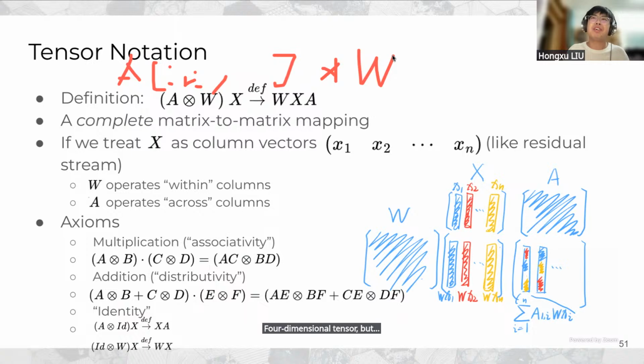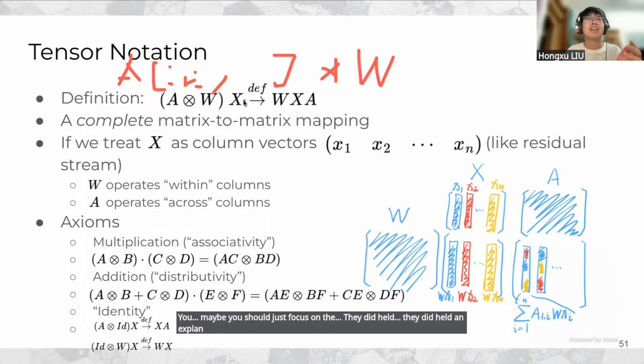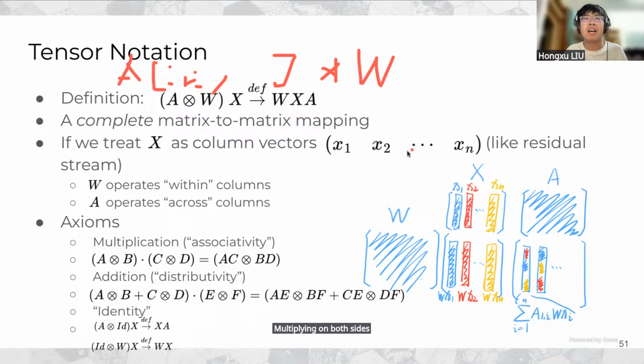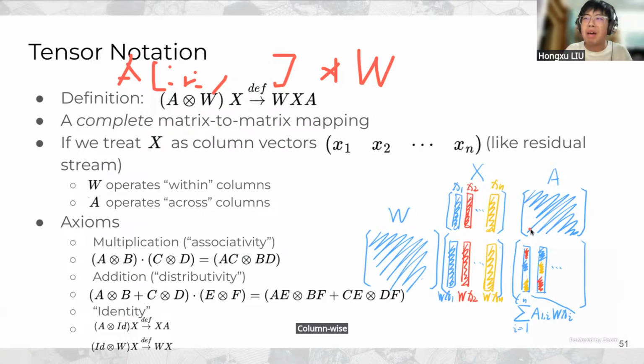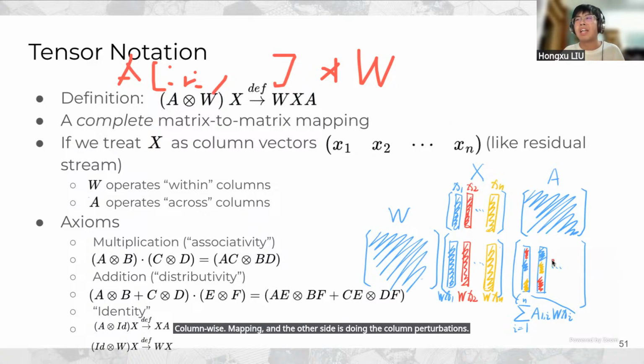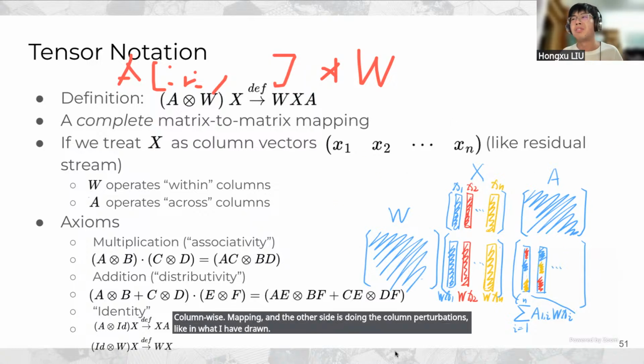But maybe you should just focus on the detailed explanation. That is, a tensor notation denotes multiplying on both sides. If we treat the matrix X as column vectors, one side is doing the column-wise mapping, and the other side is doing the column permutations, like what I have drawn in the figure below.